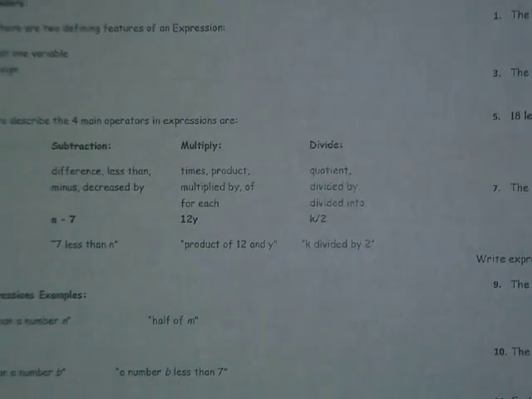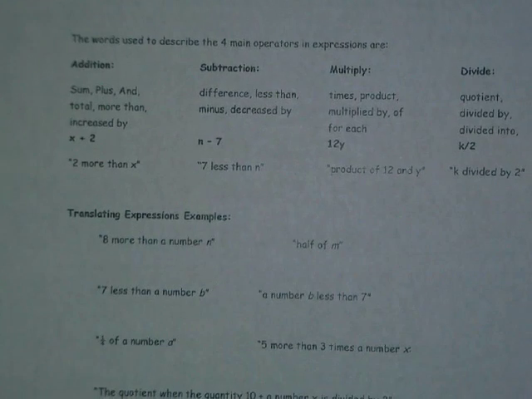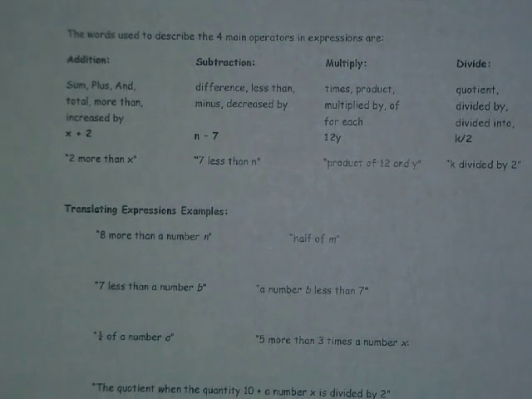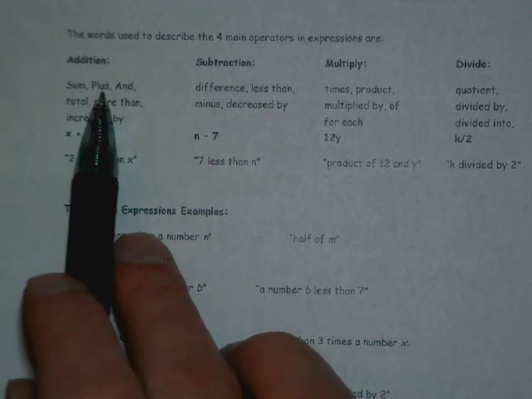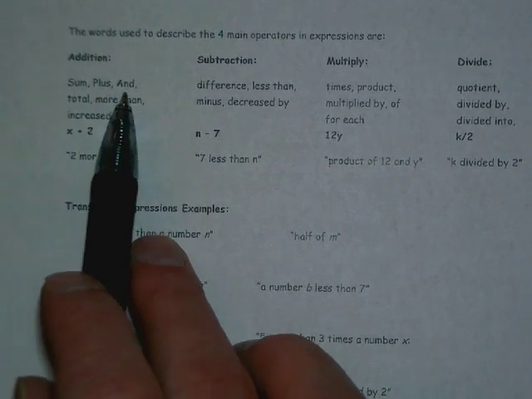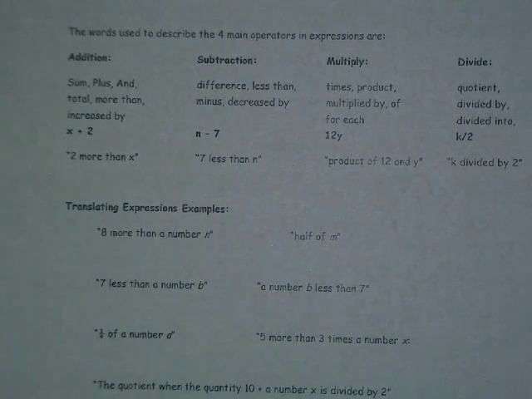All right, so a little more in depth with translating. So some key words that can mean these different operations. Addition. So we've all heard sum, right? That's one we hear a lot when we start learning addition. Plus. And. And does mean add most of the time. If you say, it usually comes with another word.